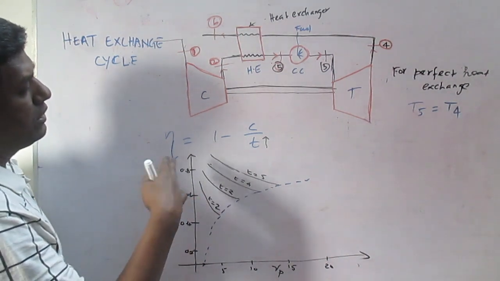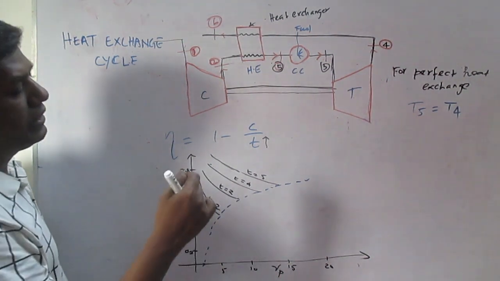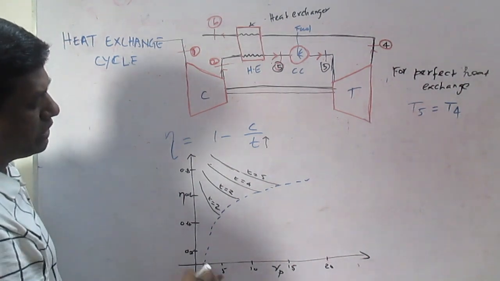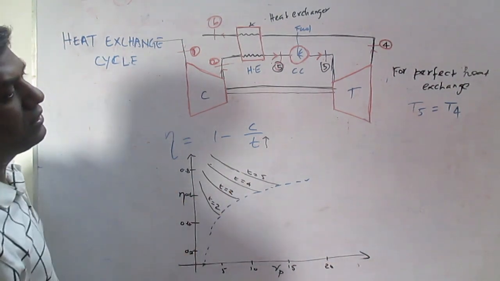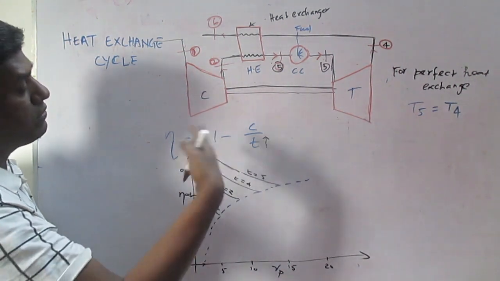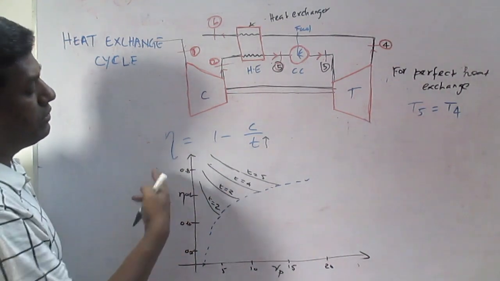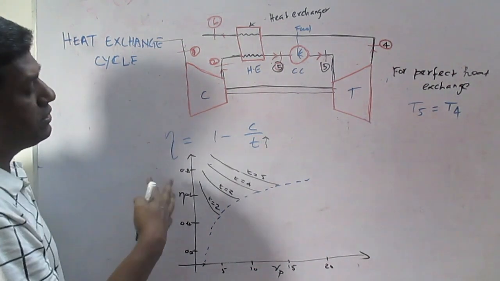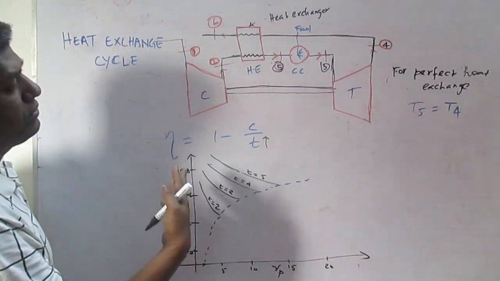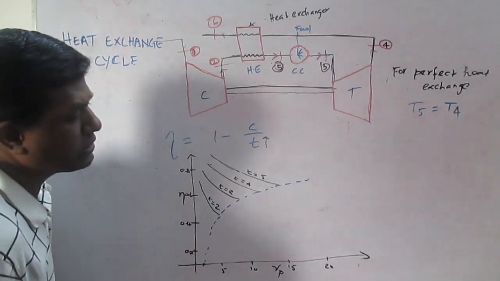We have the specific work output curve, which is similar for the heat exchange cycle and the simple gas turbine cycle.